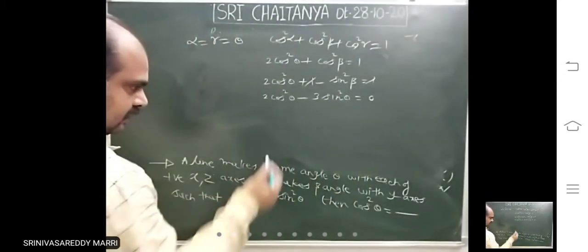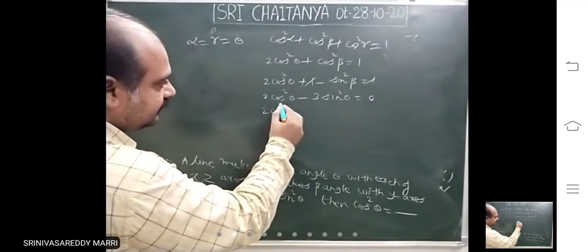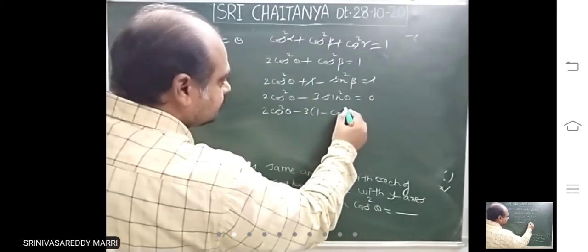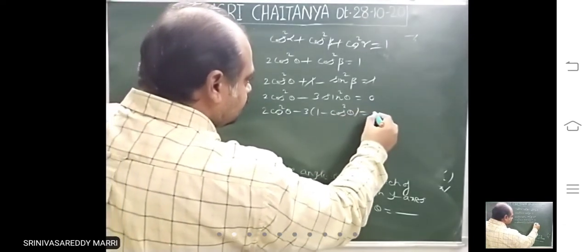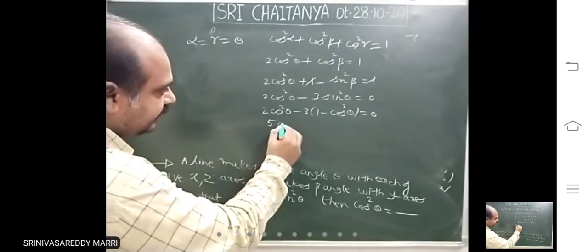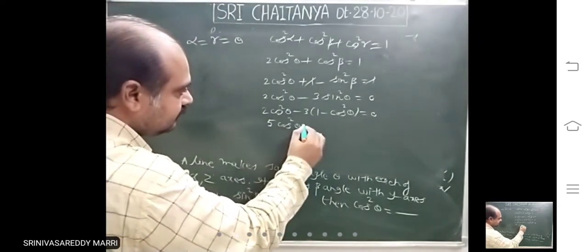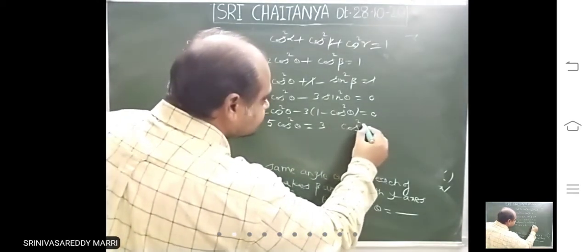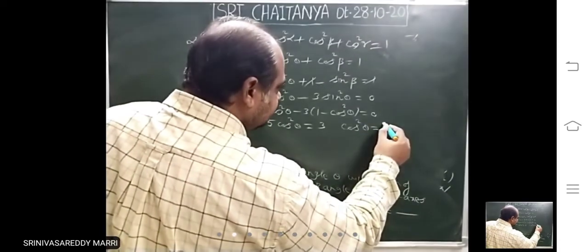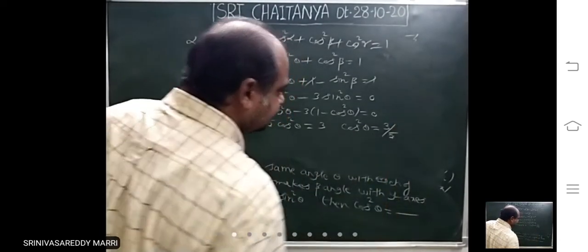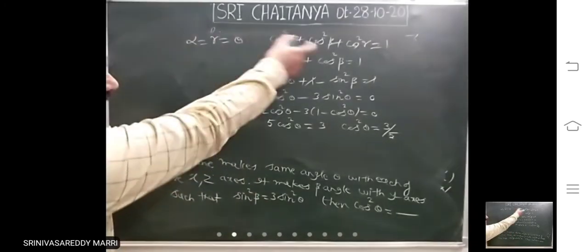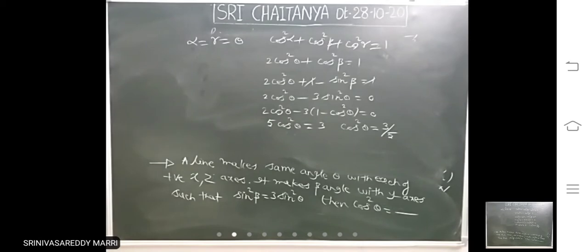So 2 cos square theta plus 3 sine square theta equal to 2; convert into cos, that means 5 cos square theta equal to 3. So cos square theta is nothing but 3 divided by 5. That is the answer. Like that, use the relation between the angles.